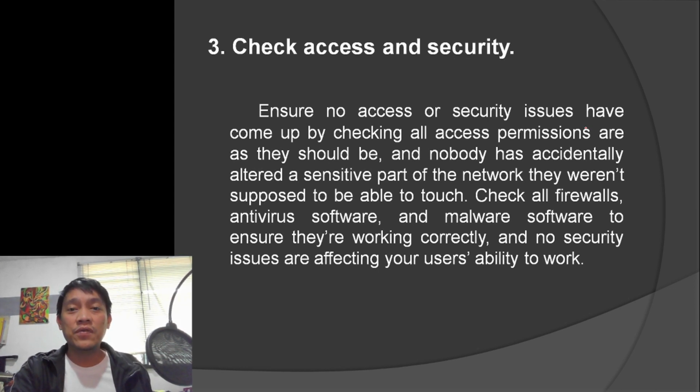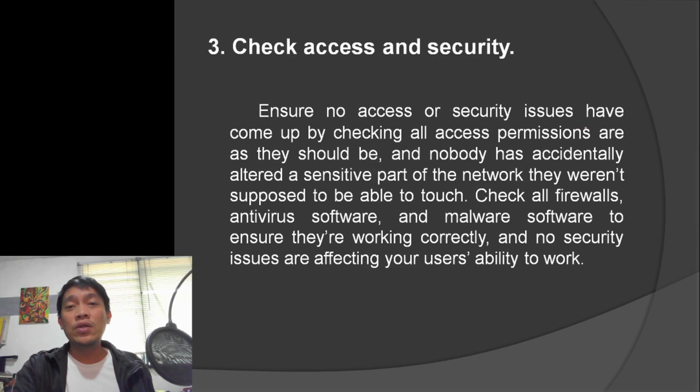Aside from checking the access of end users, you have to consider antivirus software, malware, and firewalls, because that is very important on the network. Having a very complex or large network will give you an increased risk on security.